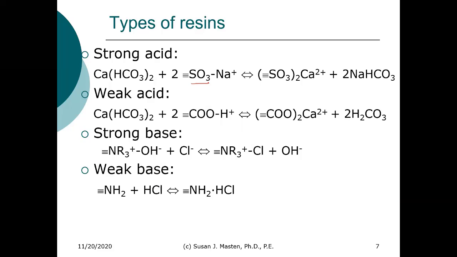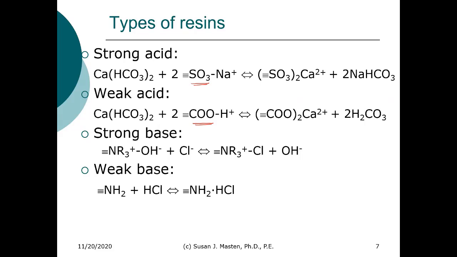What that pertains to here is, this is sulfite, it's a strong acid. Here we have acetic acid, it's a weak acid. So that's what we mean when we talk about strong acid versus weak acid.